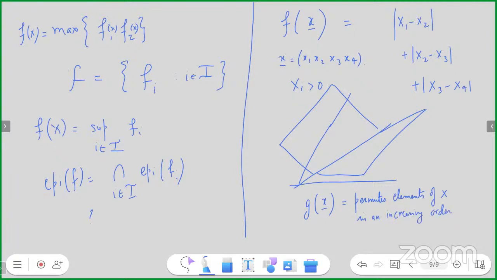So g is from Rn to Rn, where the output is, I'm being sloppy here, x1 tilde less than x2 tilde and so on.